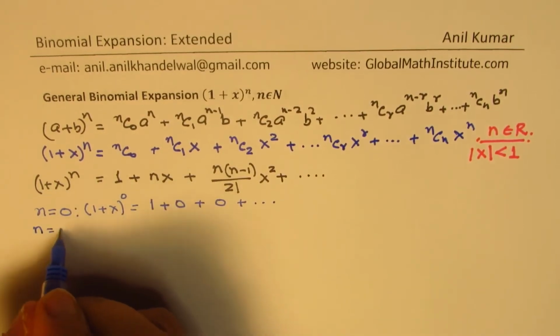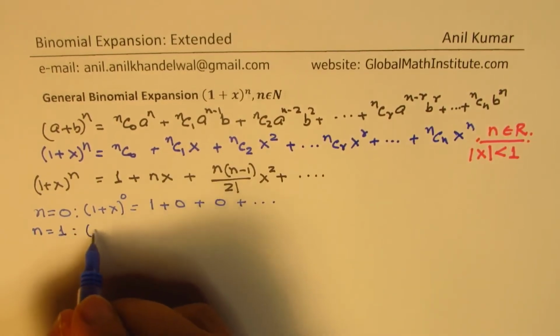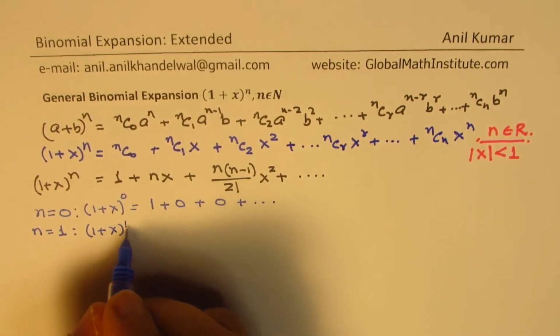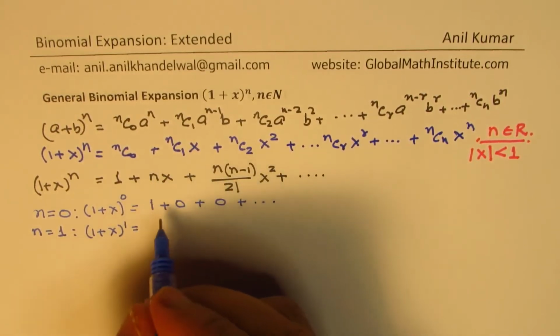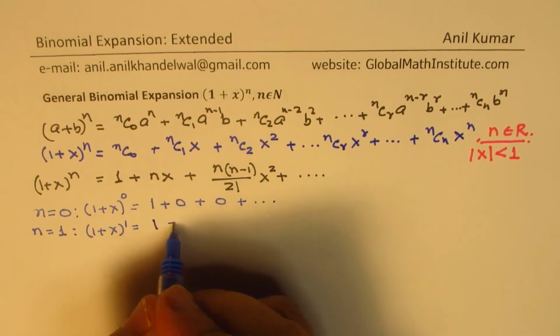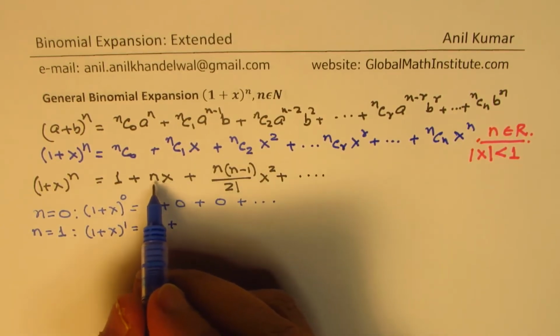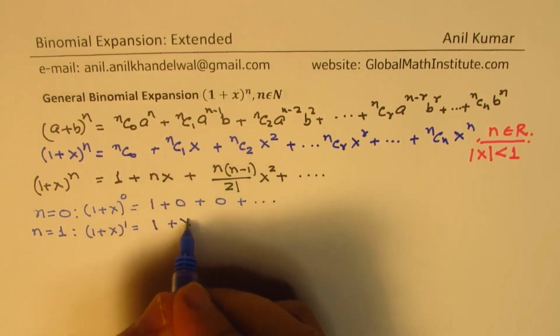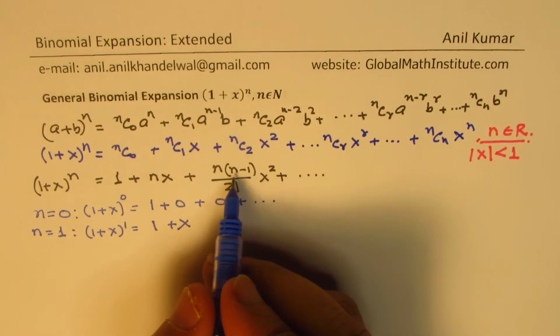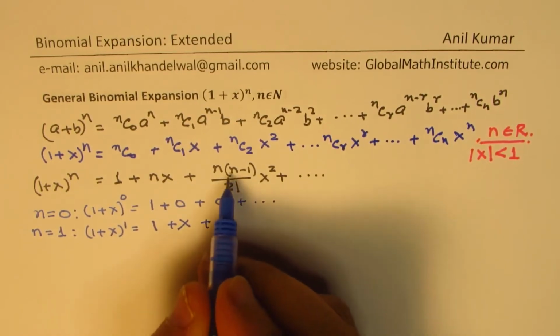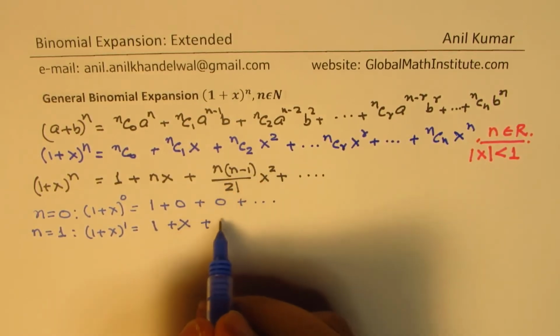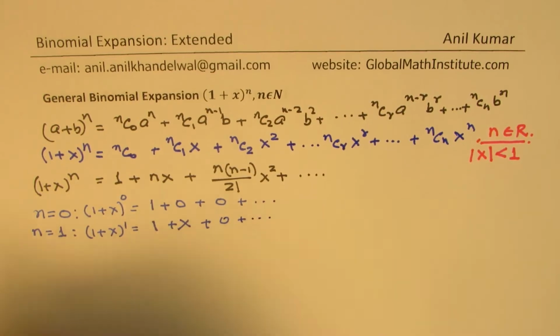If I use n equal to 1, then the expression will be (1 + x)^1, and substituting 1 for n, we get 1 plus x. And then here, if I substitute 1, we get 0, because 1 minus 1 is 0, and so on.